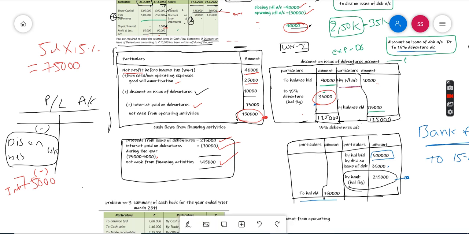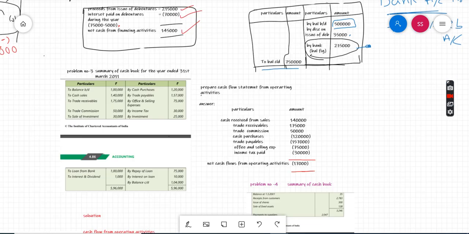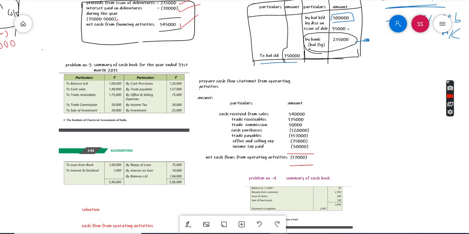Okay, now you will see the third problem, which is very easy, based on the direct method, right? So this is the third problem.